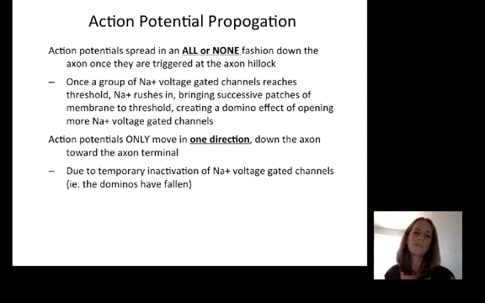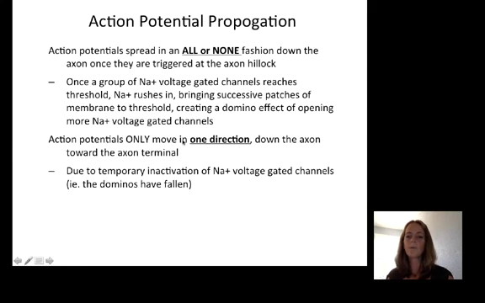So the action potentials are going to spread all or none once they're triggered at the axon hillock. And once a group of sodium voltage-gated channels reaches threshold, the sodium will rush in, bringing huge patches of membrane to threshold, creating this domino effect of opening more and more voltage-gated channels down the cell, causing this domino of action potential.